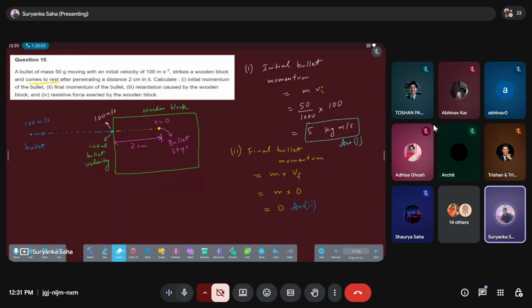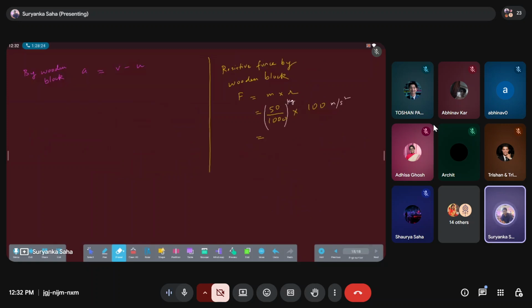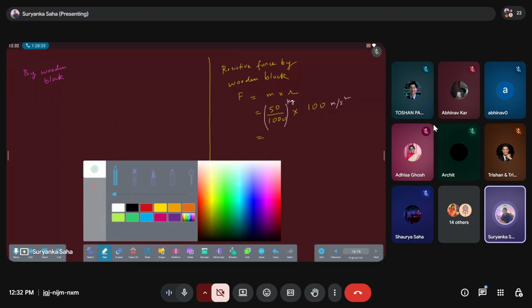S is equal to ut plus half at square, or you can also use v square equal to u square plus twice as, anything we can do. Since time we don't know, we are going to find out acceleration from this formula. Everyone please try to understand.